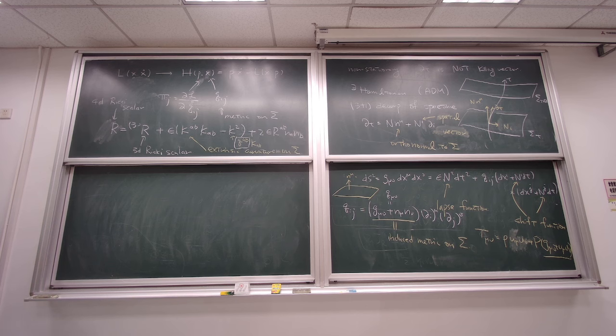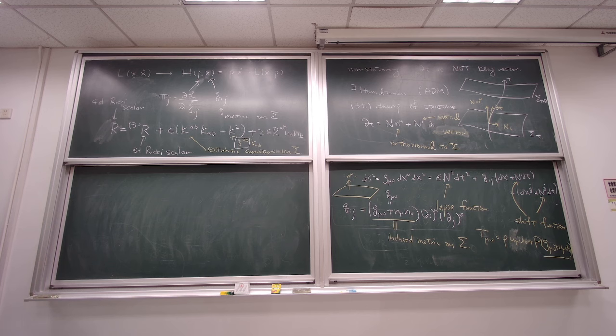Okay, so let me recall what the extrinsic curvature is. The extrinsic curvature of the hypersurface sigma is something like the difference between the normal vector n mu and its parallel transport.